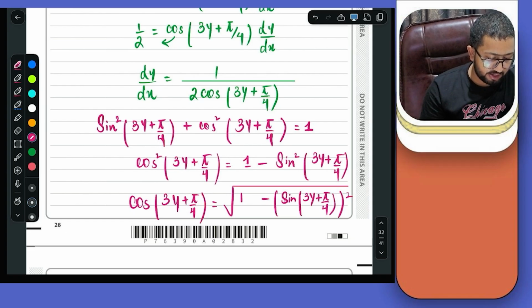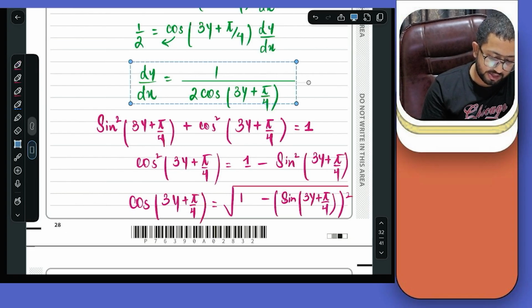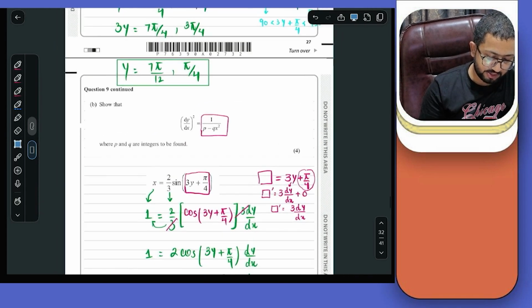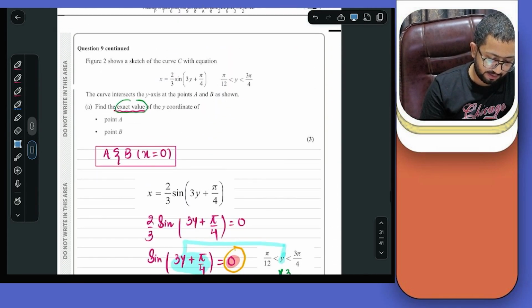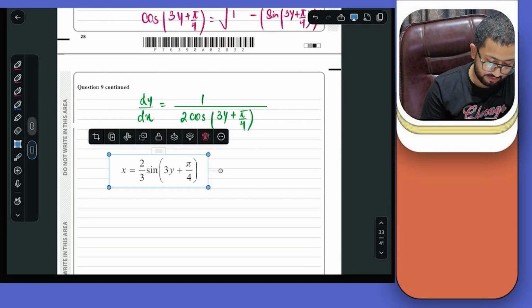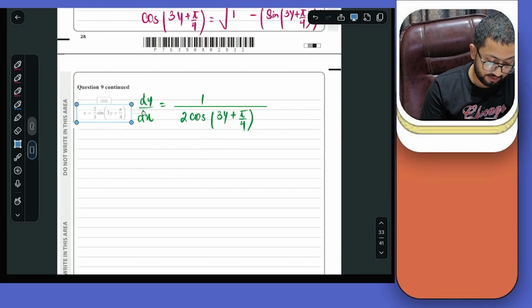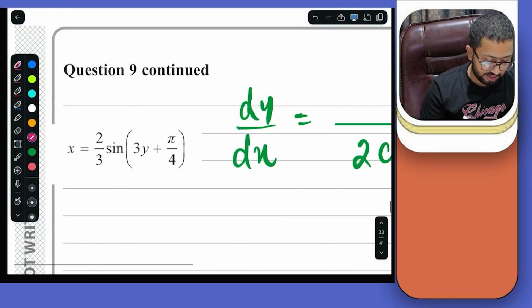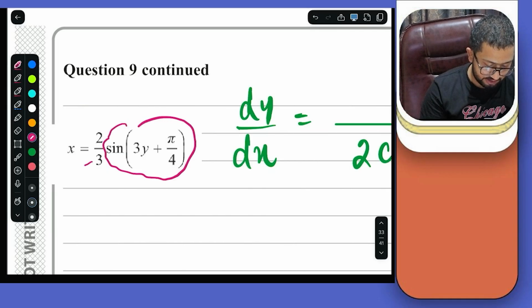Sir, why am I doing it like this? Because, beta, we already know that our question is actually in terms of sine. That is our question. Can you make sine of (3y plus pi by 4) the subject? Shift into another side.